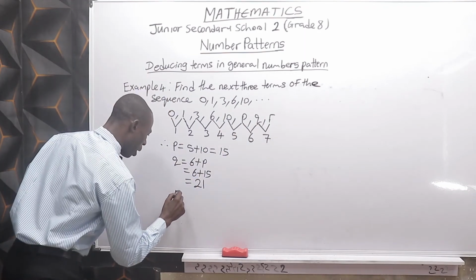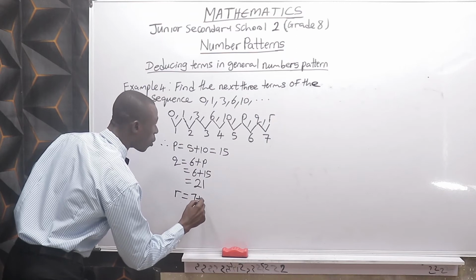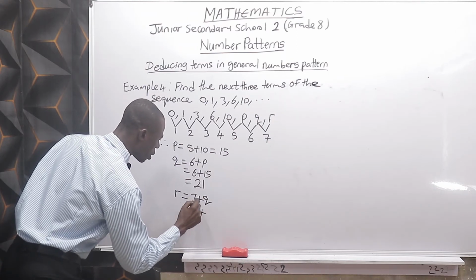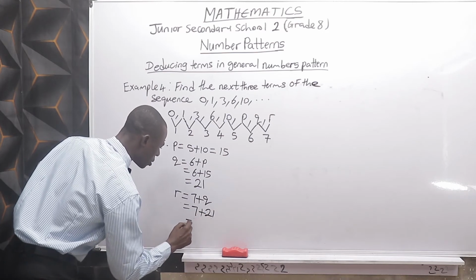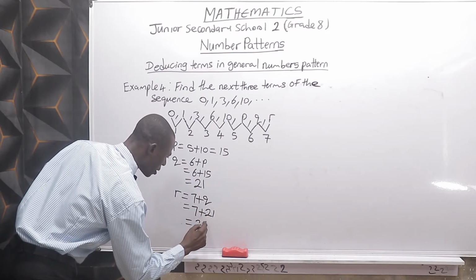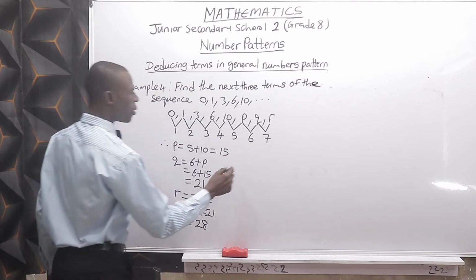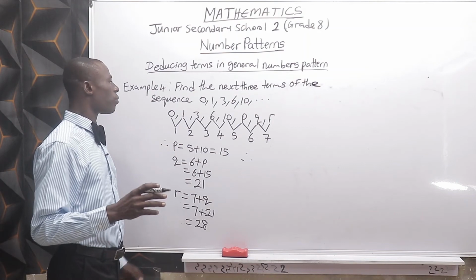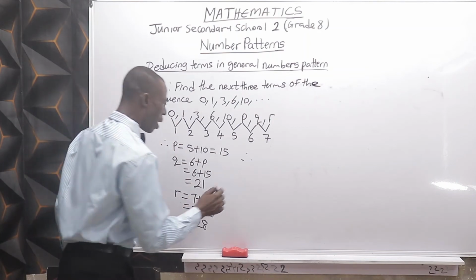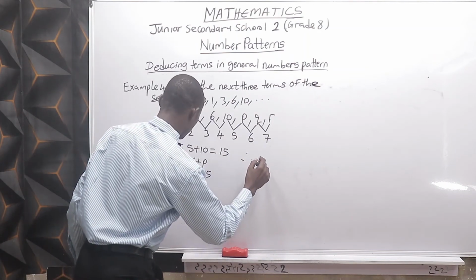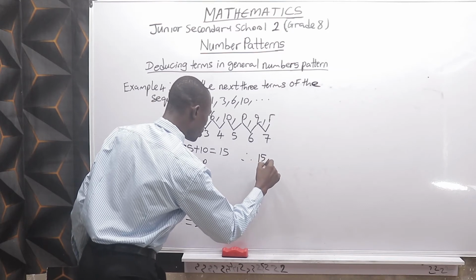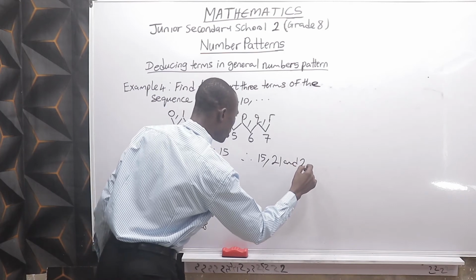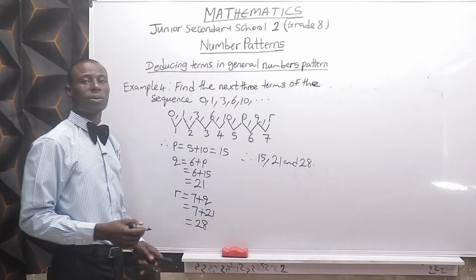That is, r is 7 plus q, which is 7 plus 21. 7 plus 21 is 28. Therefore, the next 3 terms of the sequence are 15, 21, and 28. So, that is it.